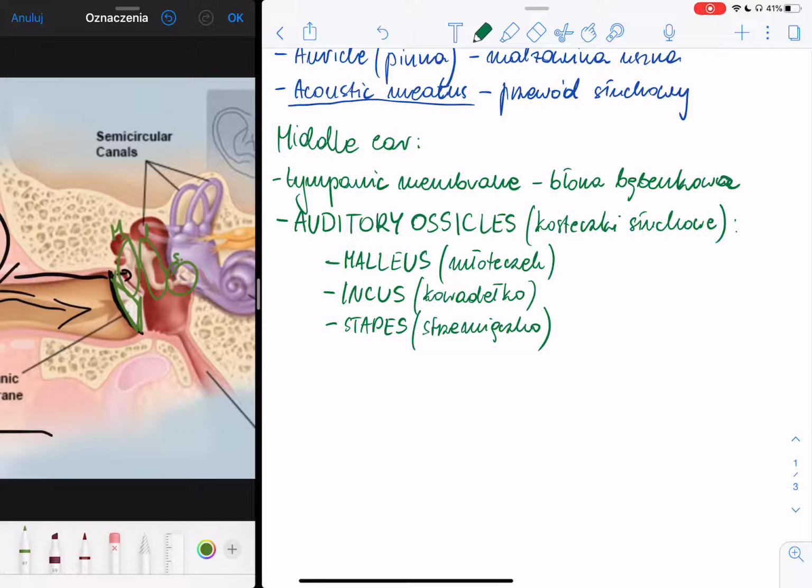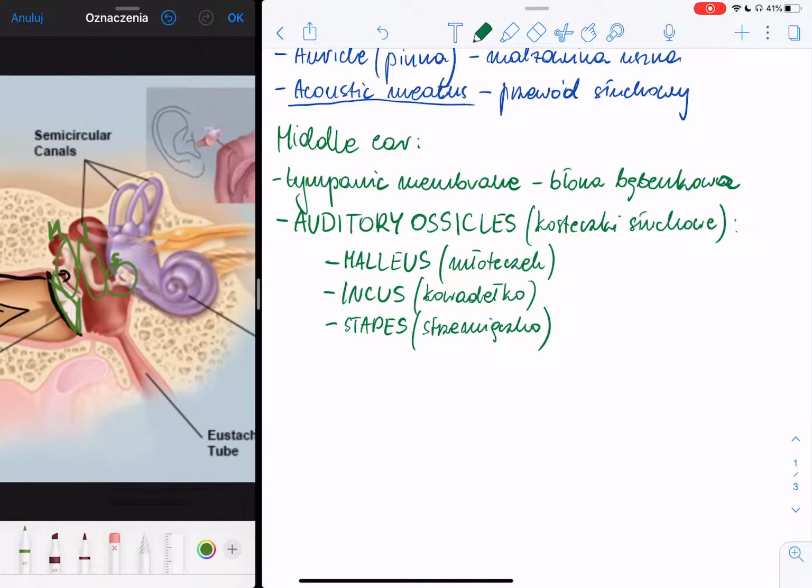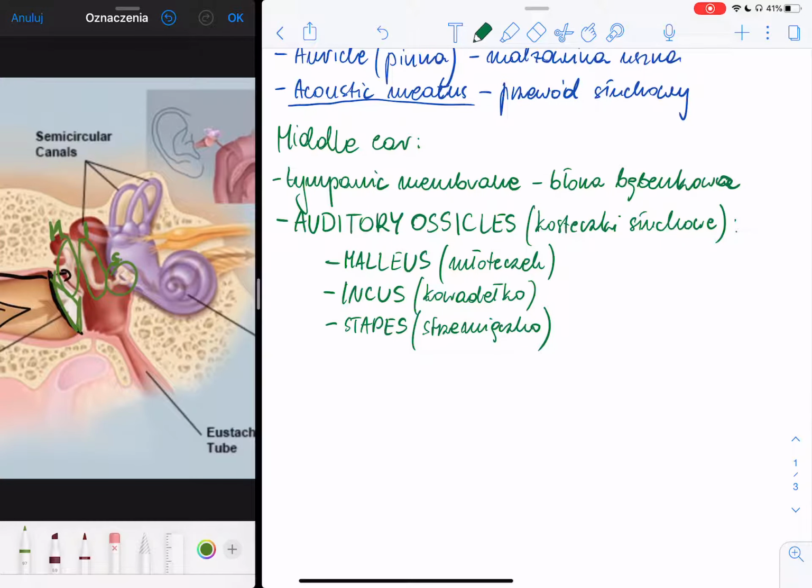This vibration is being transferred through malleus, incus, and stapes in the exact order because it starts from malleus, then it goes to incus, and then it goes to stapes to pass the stimuli further to the cochlea, which is another part of the ear.